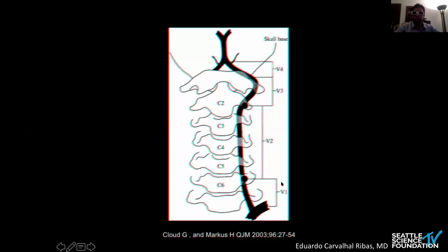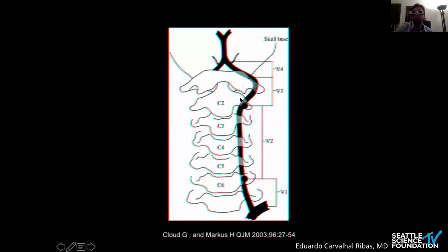Posterior circulation. The posterior circulation will initiate from the vertebral artery. The vertebral artery will have a preforaminal segment, then a foraminal segment inside the foramen transversum from C6 to C2.